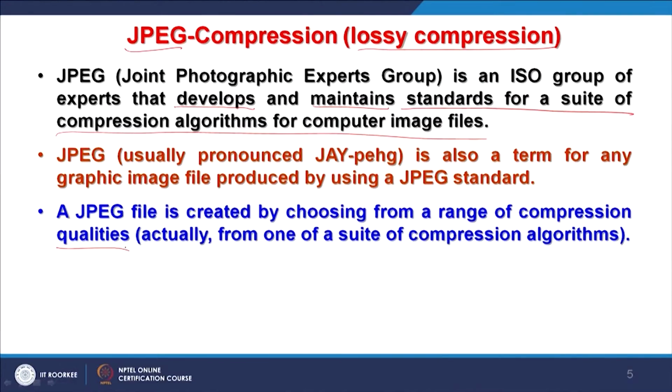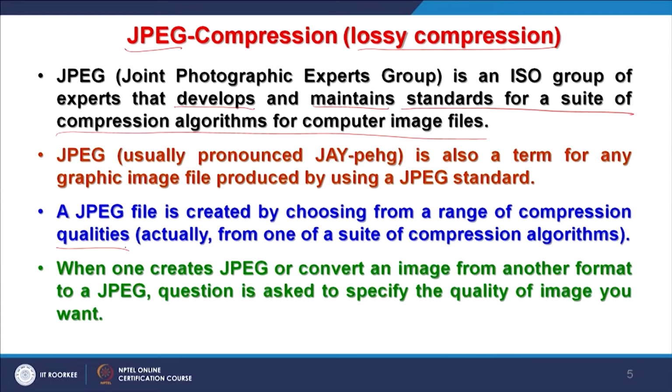So, there is a definite trade off in choosing a file format, and especially if the file format itself is a compressed file format, then one has to be very, very careful about it, because quality matters in many applications. So, one has to keep this in mind.